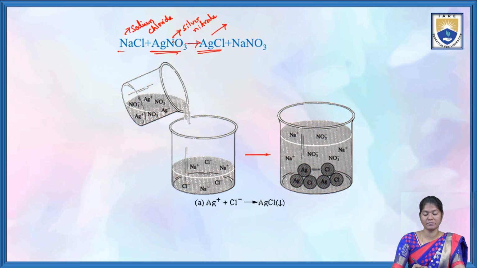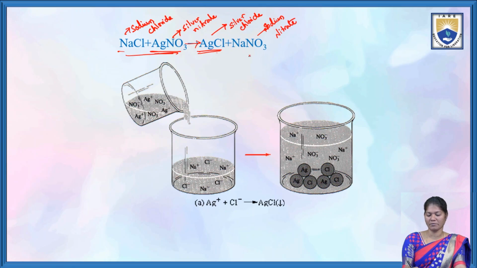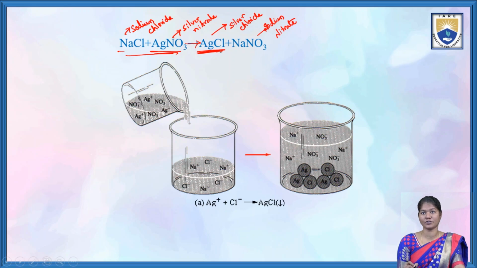When mixing these two clear solutions, a chemical reaction takes place. After the chemical reaction, it gives silver chloride and sodium nitrate. So after mixing, we are getting this silver chloride.